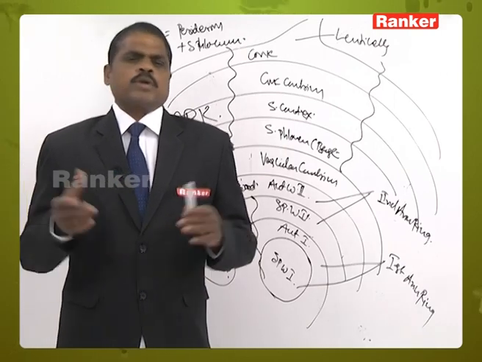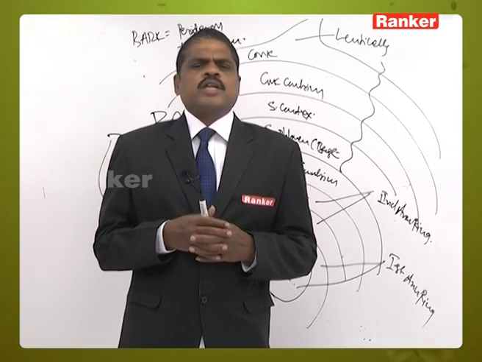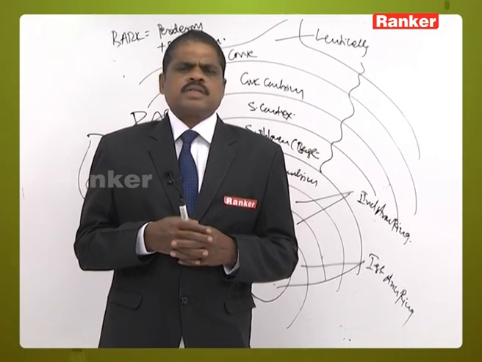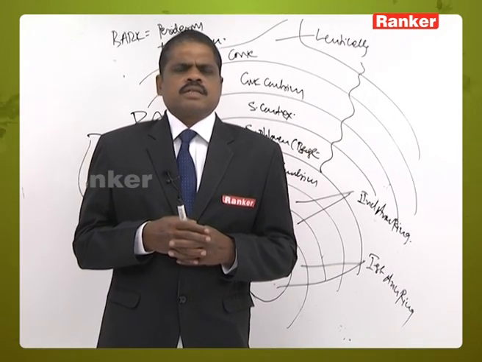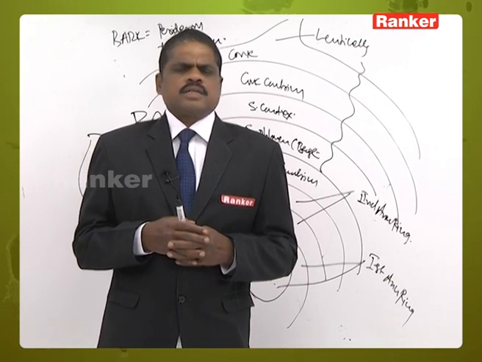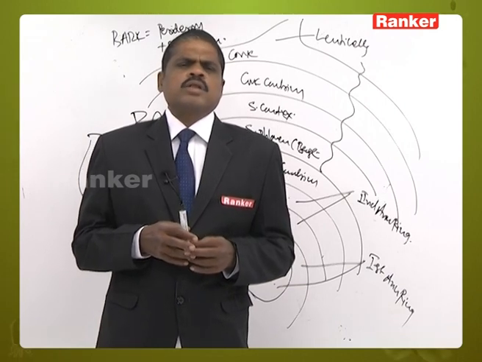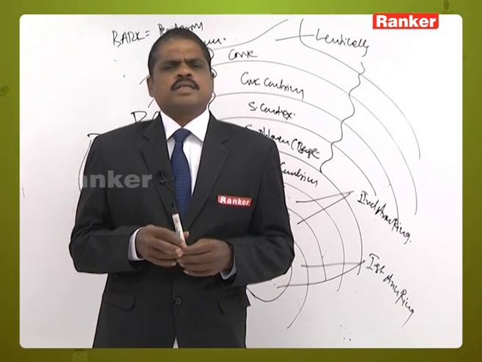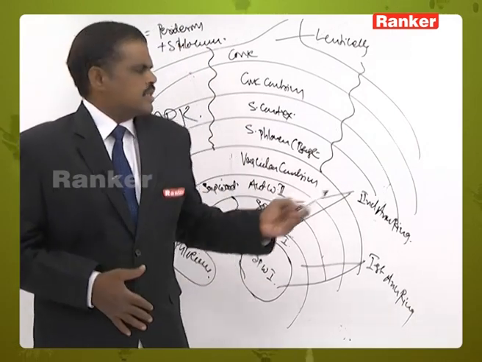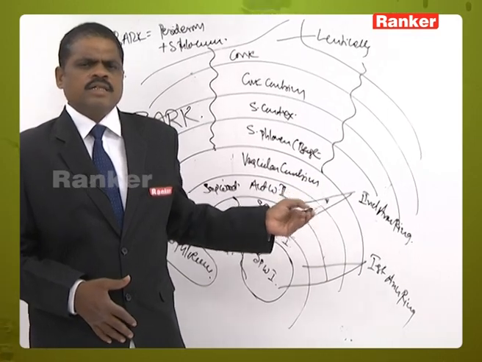So in the primary body, as you may have already studied, there are epidermis, hypodermis, cortex, the innermost layer of cortex being endodermis, and the stele, in which there are pericycle, medulla and vascular bundles. But in the secondary body you cannot see all these regions.